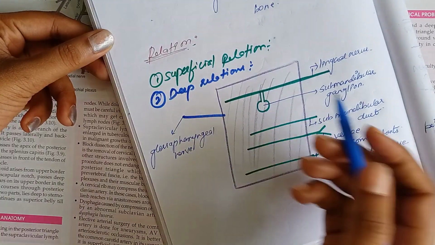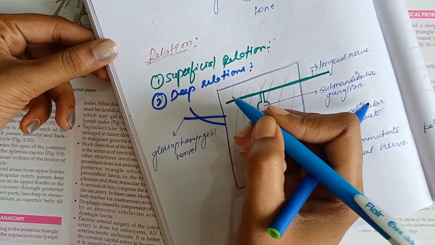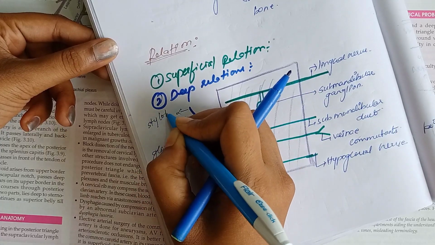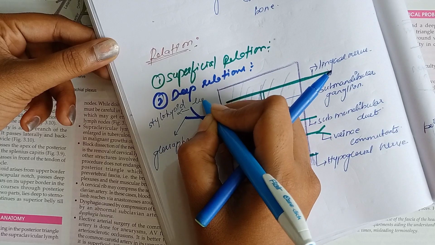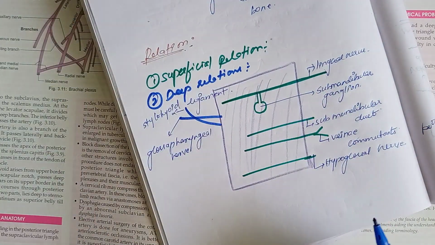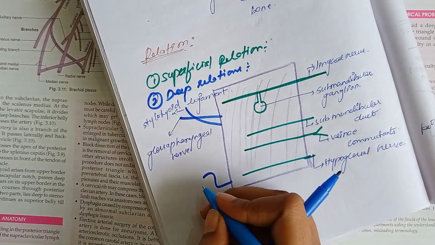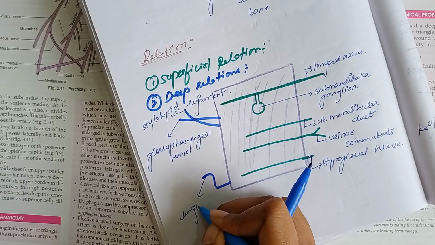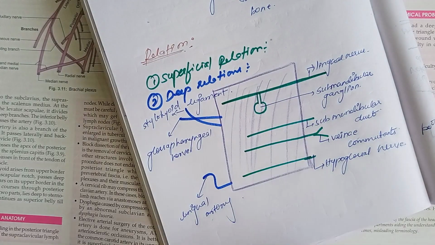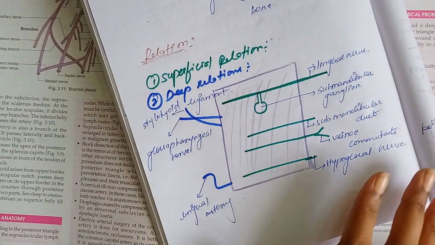Here is another structure, the stylohyoid ligament. And another deep structure is the lingual artery. These are the superficial relations and deep relations.